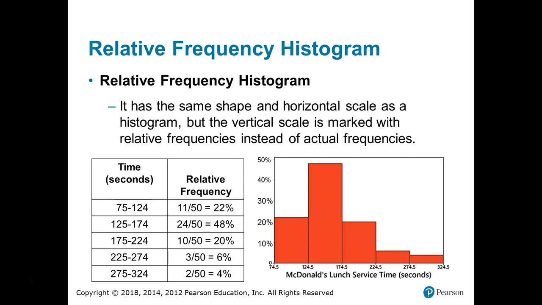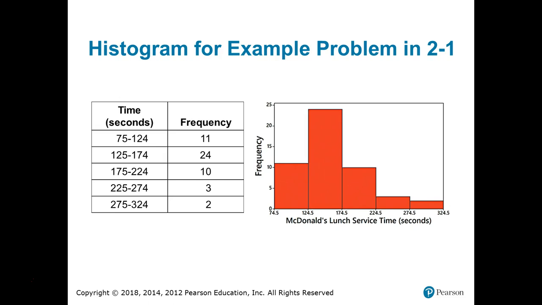You can also do a relative frequency distribution. So it'll actually have the same exact shape and horizontal scale as a regular histogram, but the vertical scale of a relative frequency histogram is going to be marked with relative frequency instead of actual frequencies. Nothing crazy right there. So over here, the y-axis was how many times each frequency appeared.